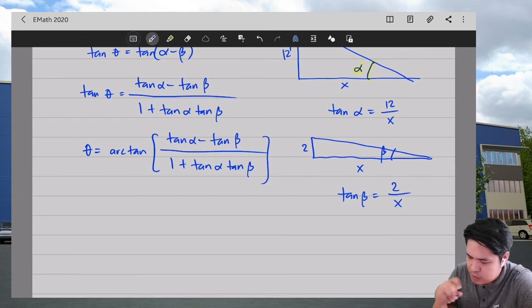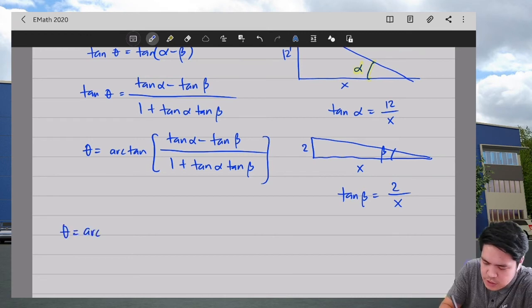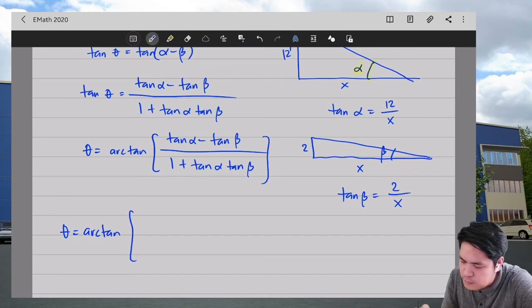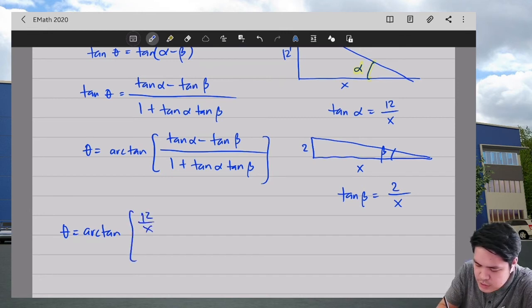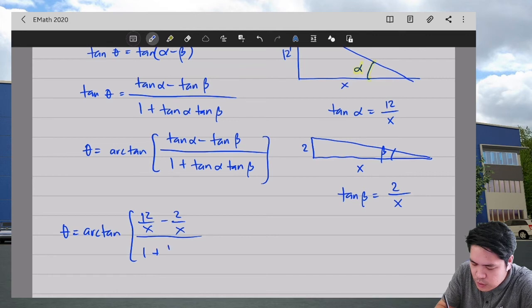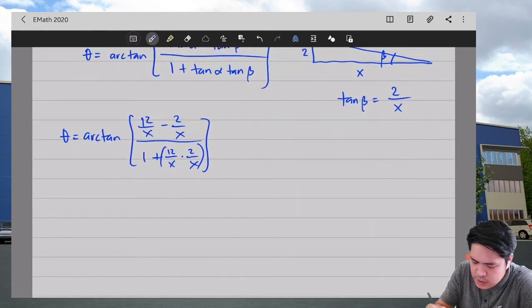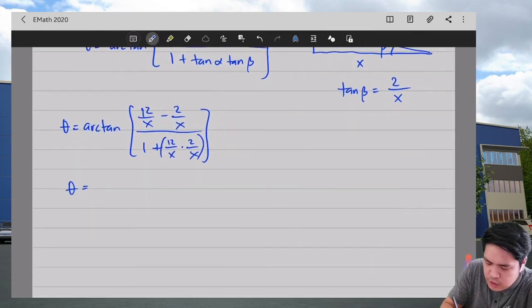That means theta is equal to the arc tangent of 12 over x minus tangent beta, 2 over x, over 1 plus 12 over x times 2 over x. So let's simplify. Actually, we can also solve this implicitly.